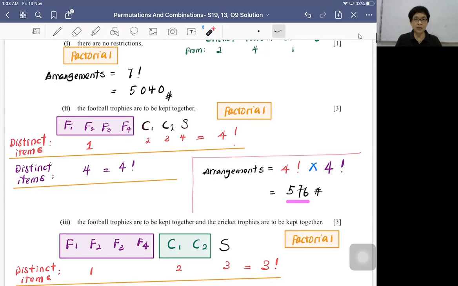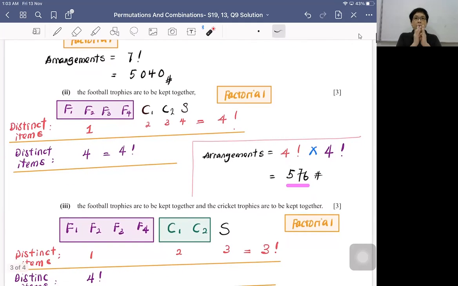Now, that's not the end of the story, because bearing in mind, among the football trophies there are 4 distinct trophies that he probably won at different times at different championships. Therefore, we are going to toggle around among these 4.